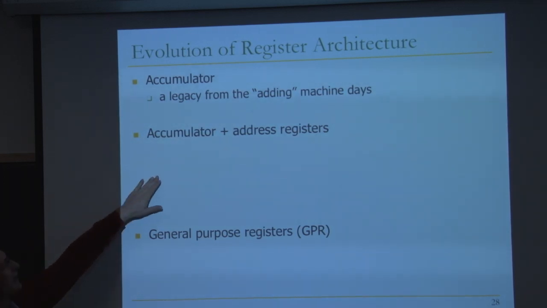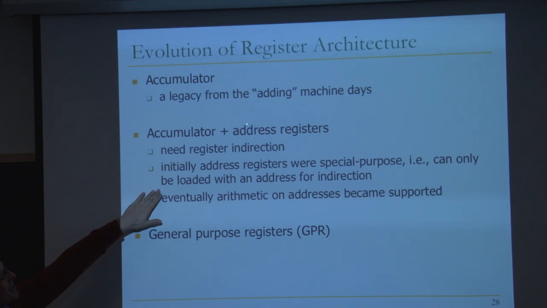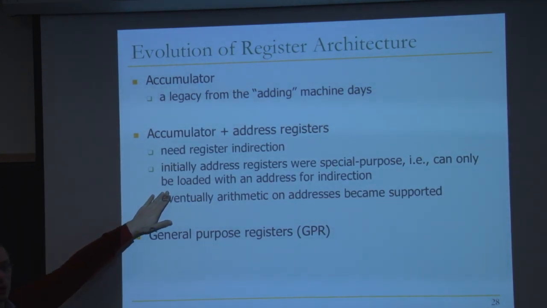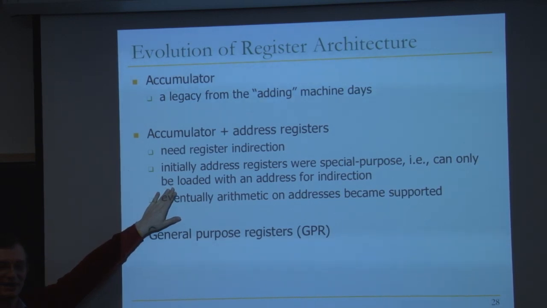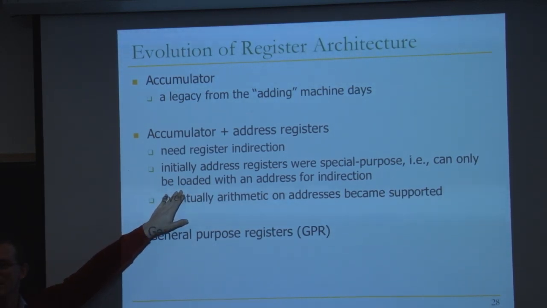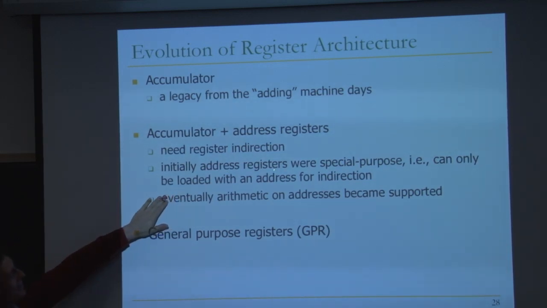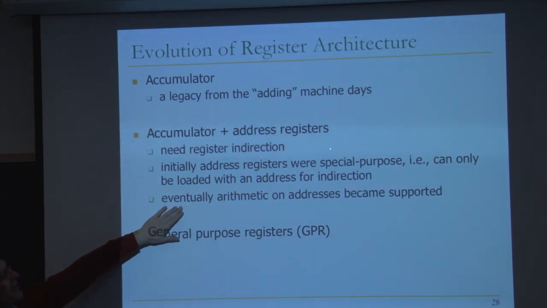And later, machines evolved by adding these address registers. So address registers were a special purpose. The goal was to actually load from memory. They just kept addresses to load a value from the address specified by the address register into the accumulator. And eventually, they actually supported arithmetic on addresses.